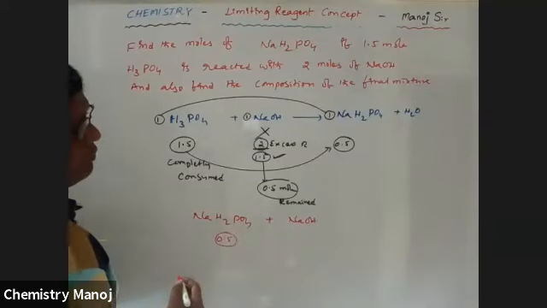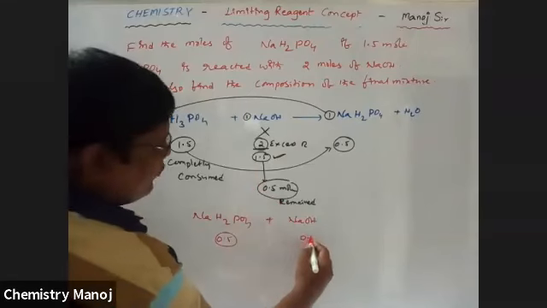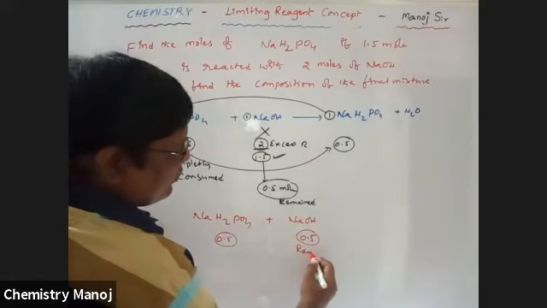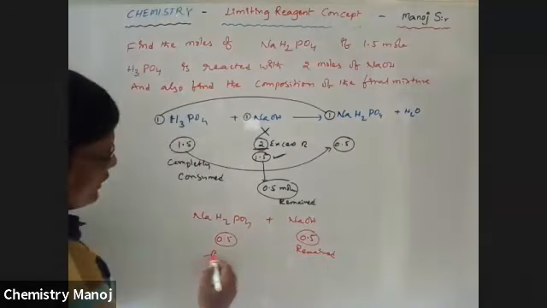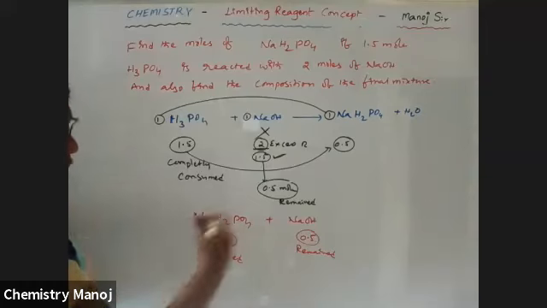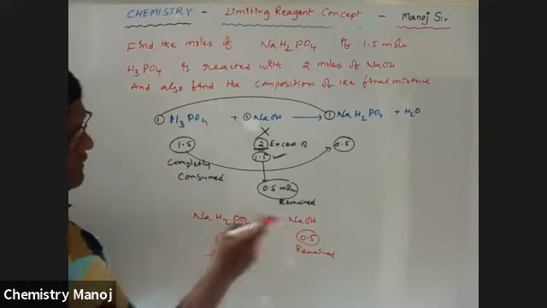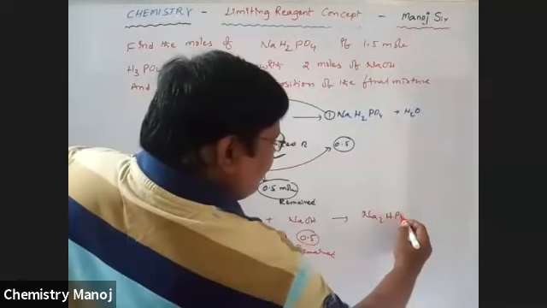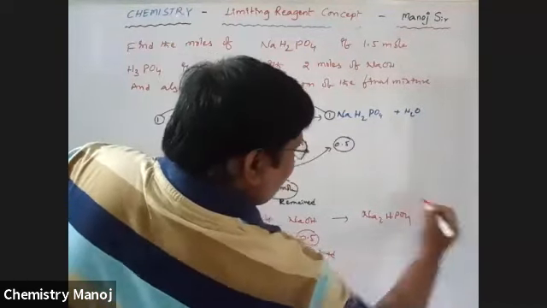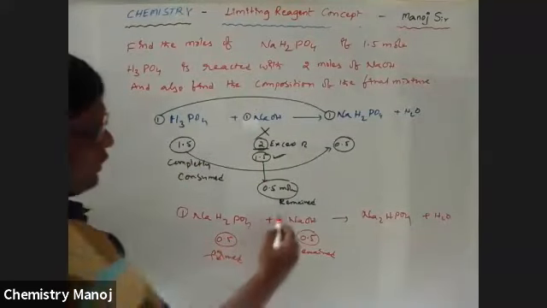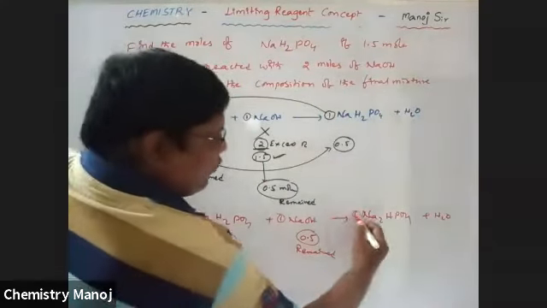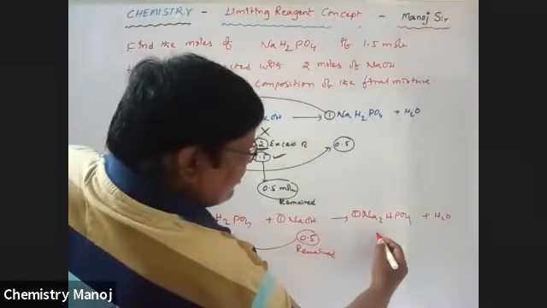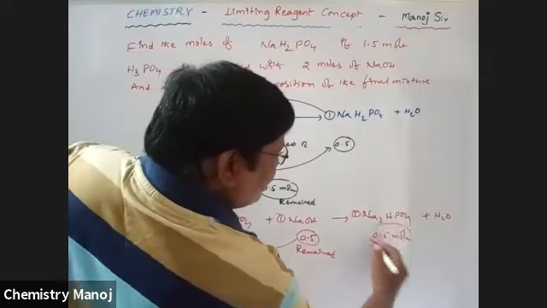This much is formed and this much remains. Now the mixture contains an acid and a base, which once again gives Na2HPO4 as the product plus a water molecule. As per the ratio, 1 mole reacts with 1 mole and gives 1 mole, so 0.5 mole reacts with 0.5 mole and gives 0.5 mole of this one.